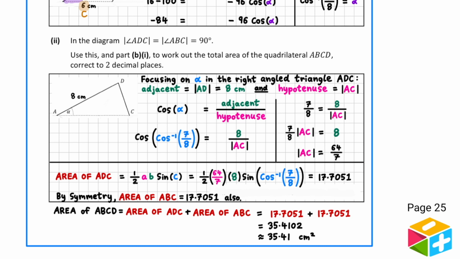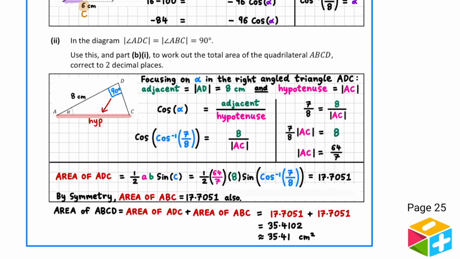Well, we're told that the angle ADC is 90 degrees. In other words, it's a right angle. So we can use the results for sine, cos and tan in right angle triangles. We're trying to find the length of AC, and that corresponds to the hypotenuse in this triangle.